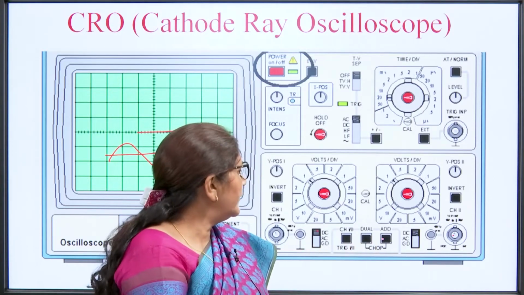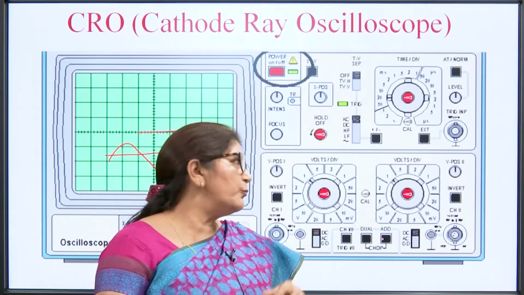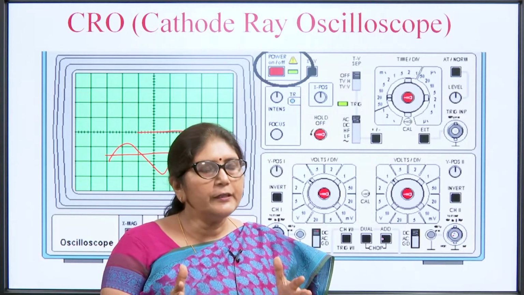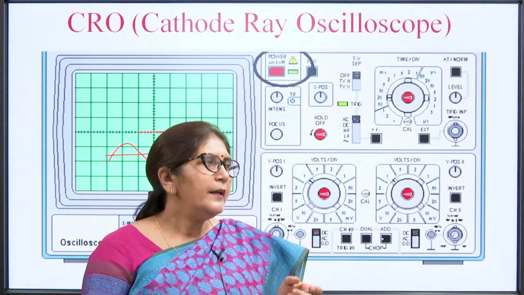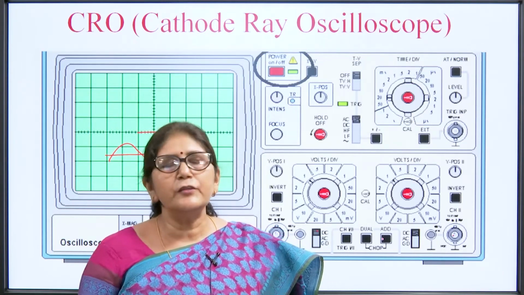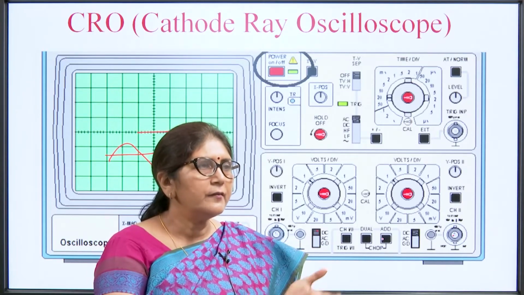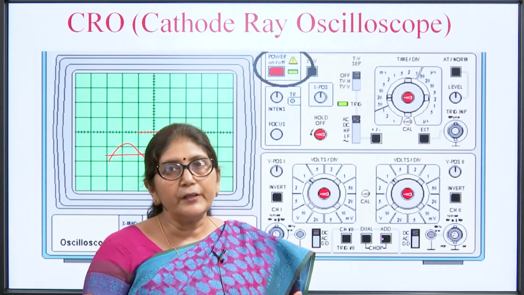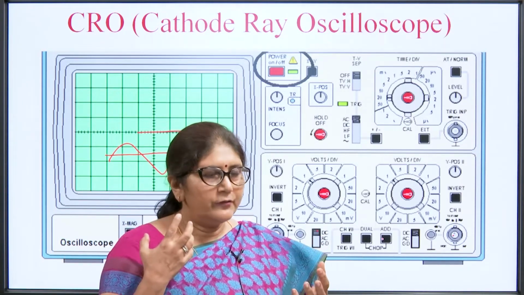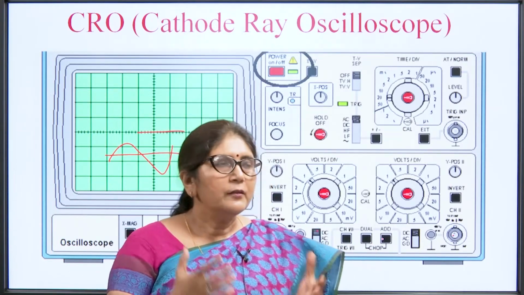There are generally two modes, one is chopped and the other is alternate mode. In alternate mode, both the channels are applied simultaneously on the CRT and there is a switch, maybe a FET switch or a transistor switch, which vibrates from one channel to the other. Since the speed of the switch is very high, our eyes can't distinguish it.